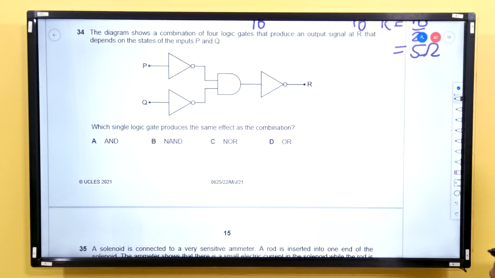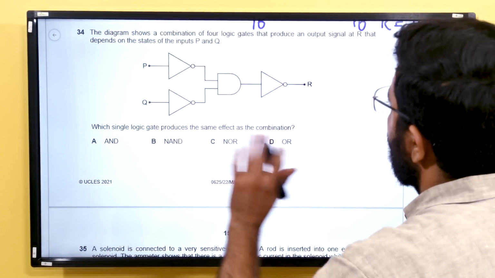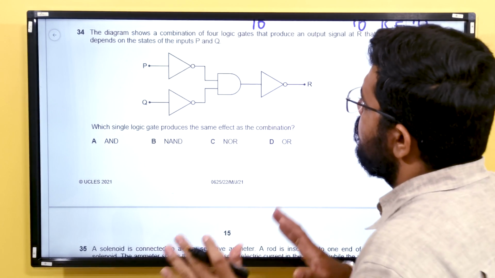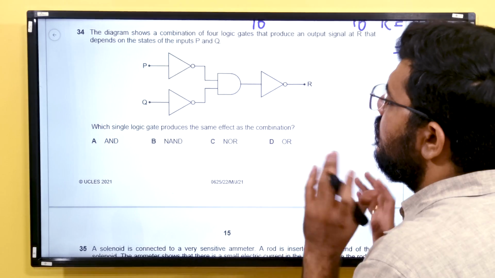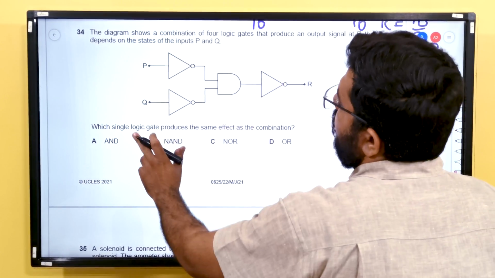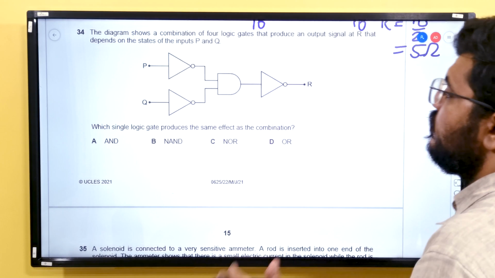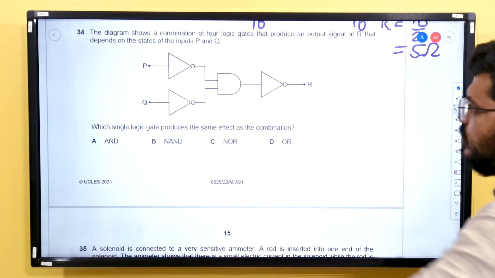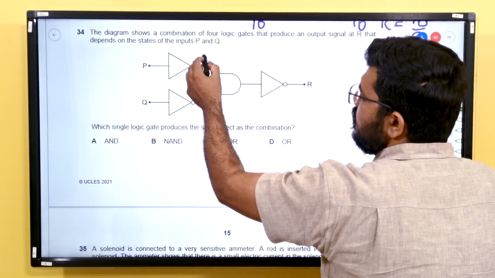Question 34. The diagram shows a combination of 4 logic gates that produce an output signal at R that depends on the states of inputs P and Q. This is the diagram of the logic gate. Which single logic gate produces the same effect as the combination? Let us just name certain inputs.